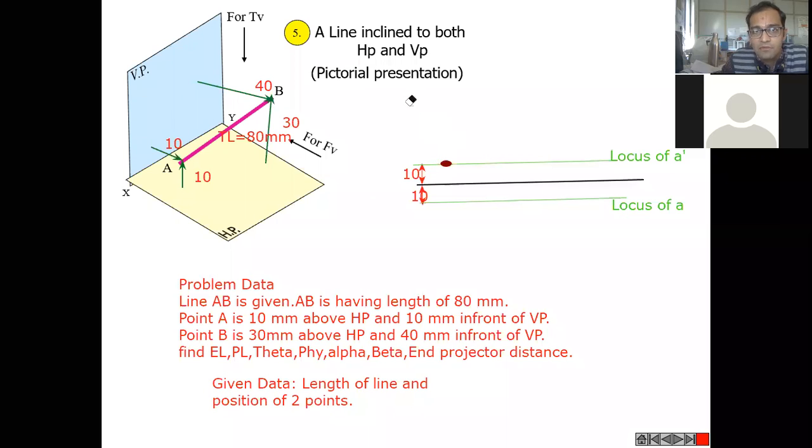Use some dark color so that the alphabet looks good. So A dash, okay. And from A dash we are drafting a straight vertical line which will intersect the locus of A, and this locus of A intersection point is going to be called A. इसे A बोलेंगे. So now what we have done, we have plotted positions of A dash and A according to the data available. इतना हमने draft कर लिया.